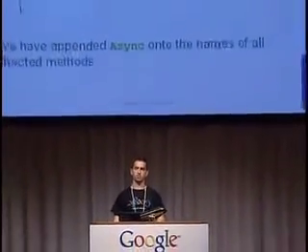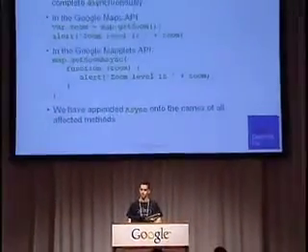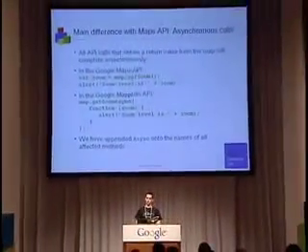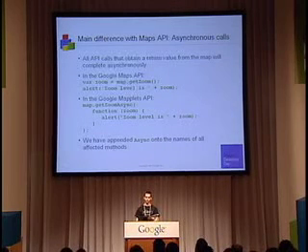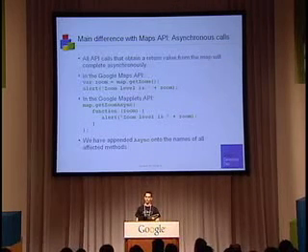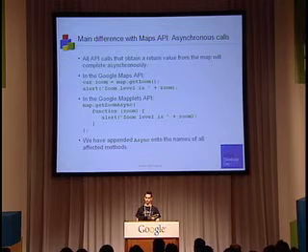So for those of you who are familiar with the Maps API, I'm going to now talk about some of the key differences. So one difference is that certain functions now have asynchronous calls. All API calls that obtain a return value from the map will complete asynchronously.